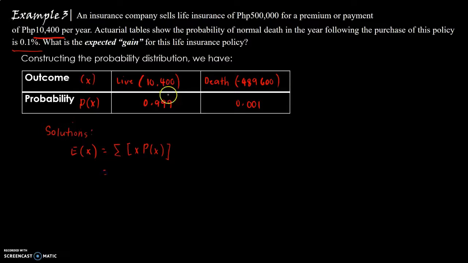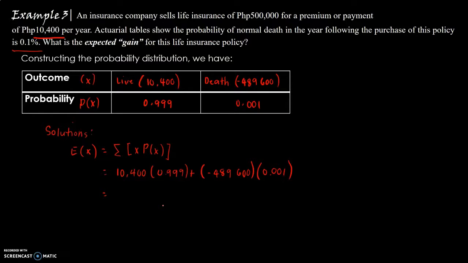So that is, let's start first with 10,400 times 0.999 plus negative 489,600 times 0.001.